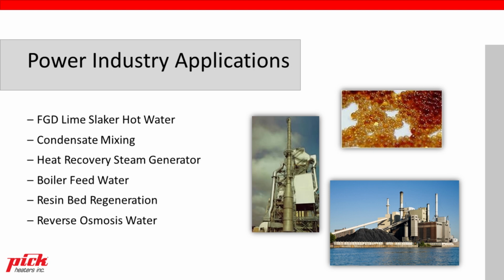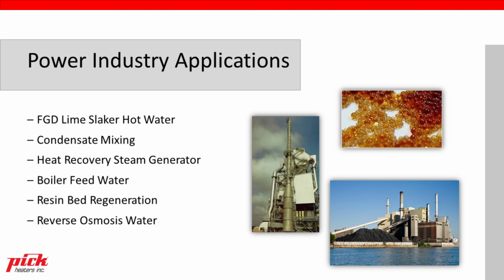Then you've also got HRSGs, or heat recovery steam generators, that when they've been down, need a quick startup. So a PIC heater is a great application for starting those units back up. Boiler feed water, as I mentioned, can cover all markets because that boiler feed water has to be heated, but especially in the power industry. Then there's also resin bed regeneration and reverse osmosis water.